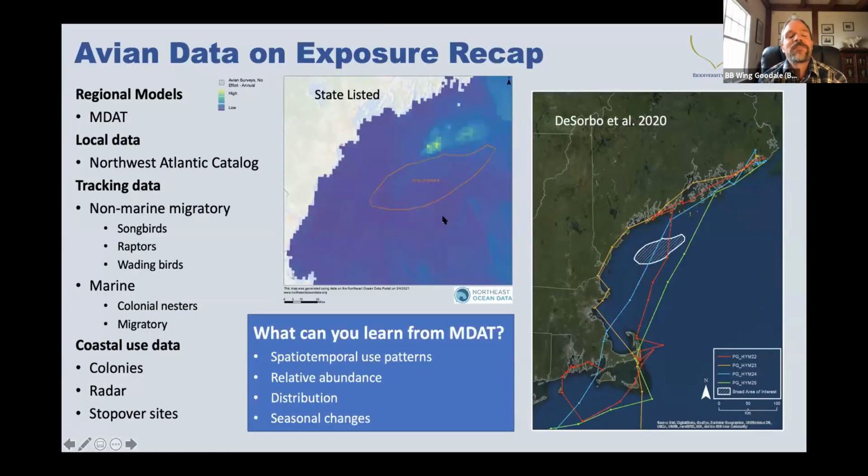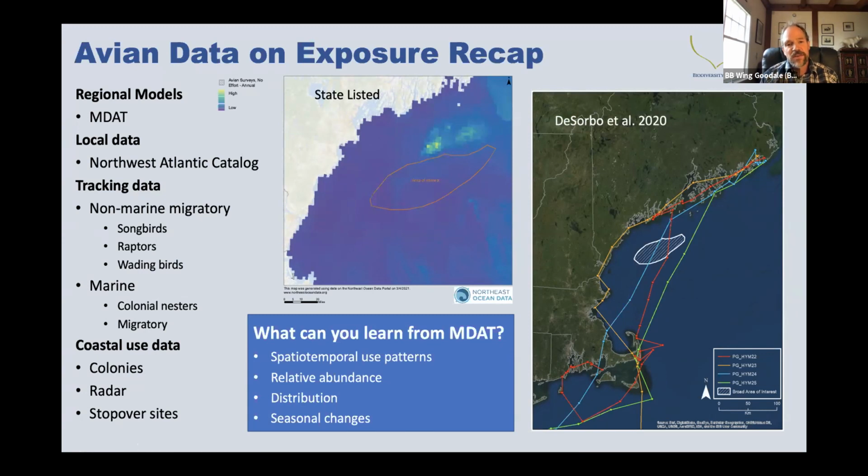We are both data rich and data slim, I guess is one way to think about this. We have regional models called the MDAT models, and these are models that stretch from the Gulf of Maine all the way down to Florida.